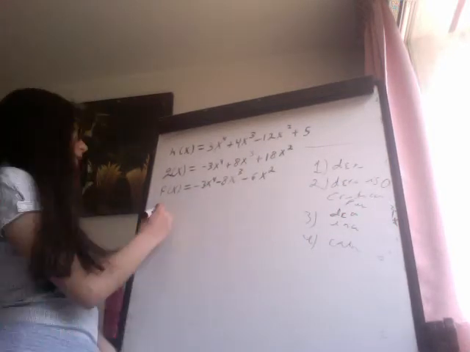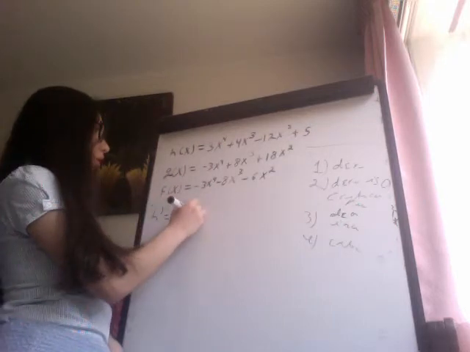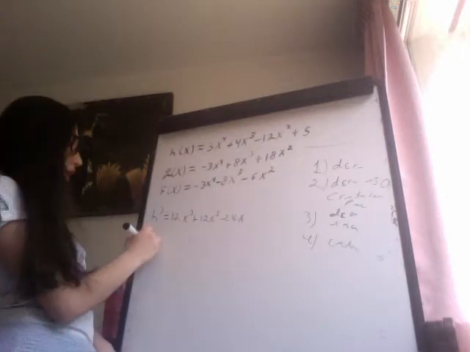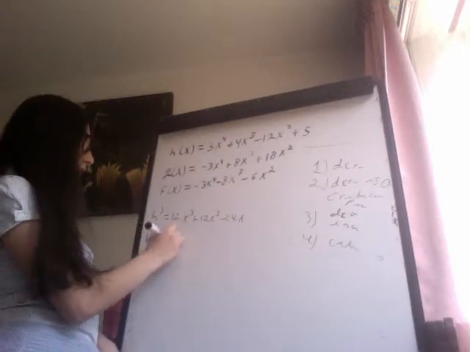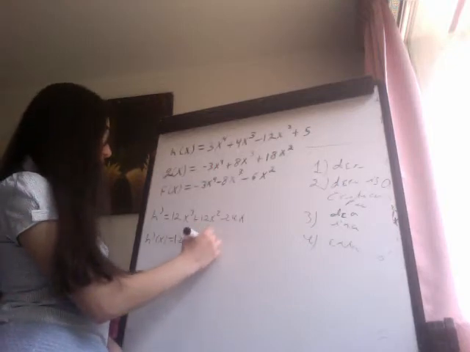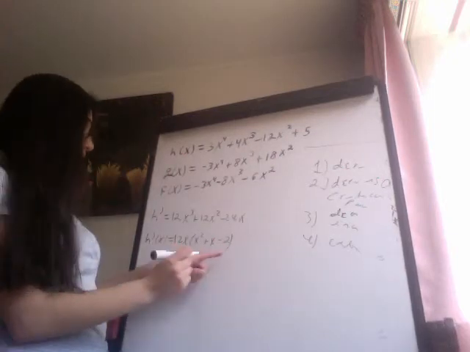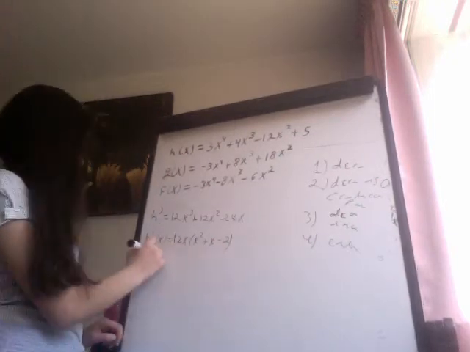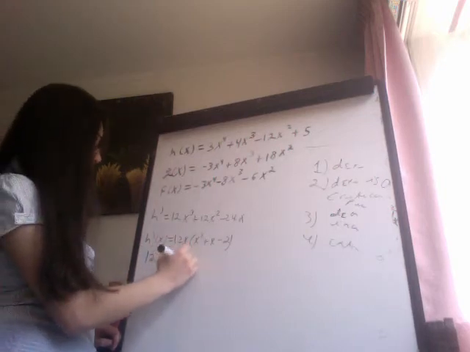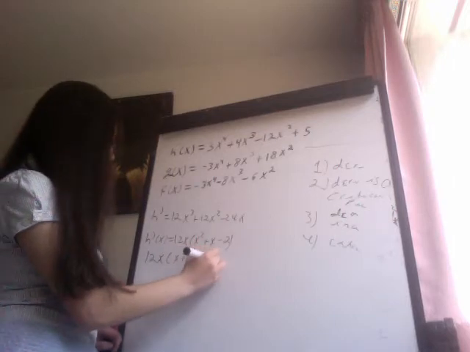So first here h prime will be 12x cubed plus 12x squared minus 24x. We can put this as 12x times x squared plus x minus 2. And this is the same as 12x times x plus 2 times x minus 2.